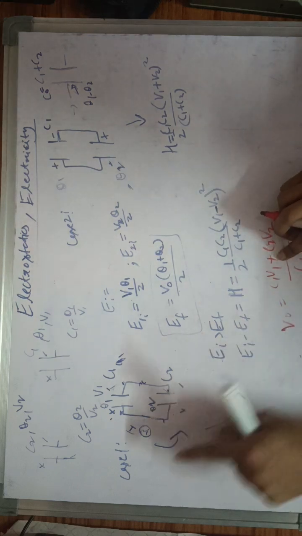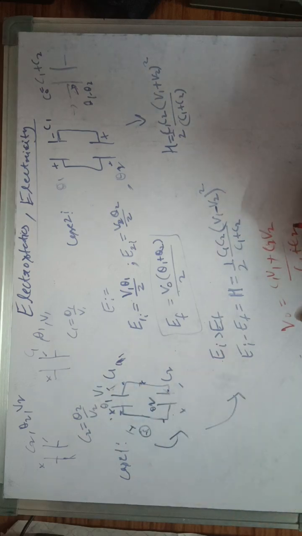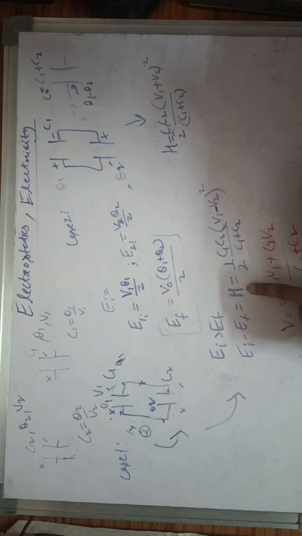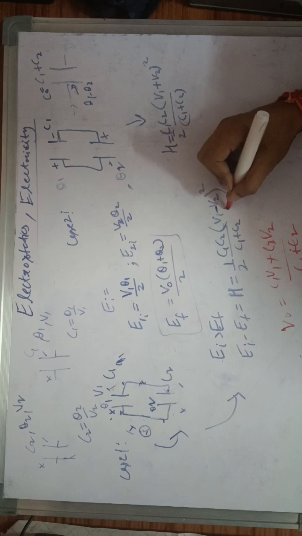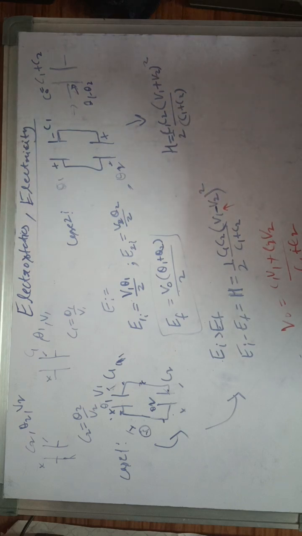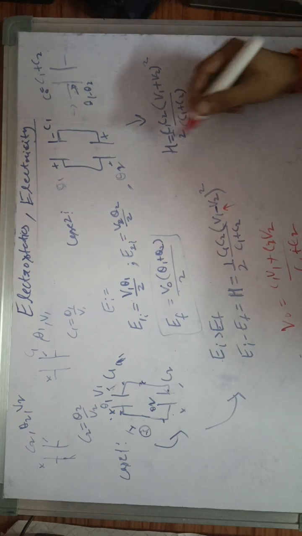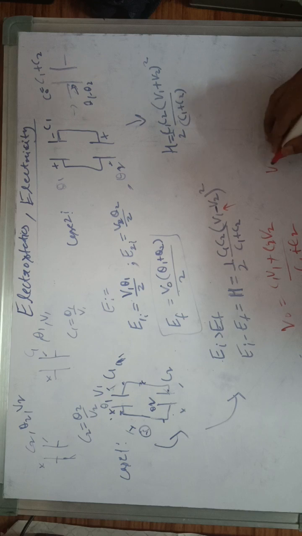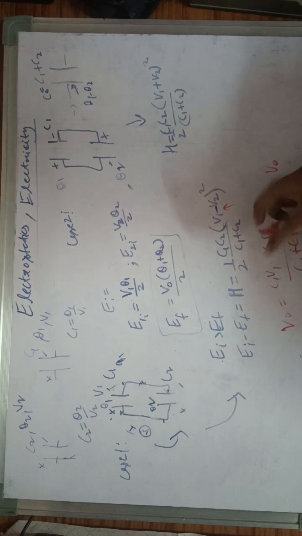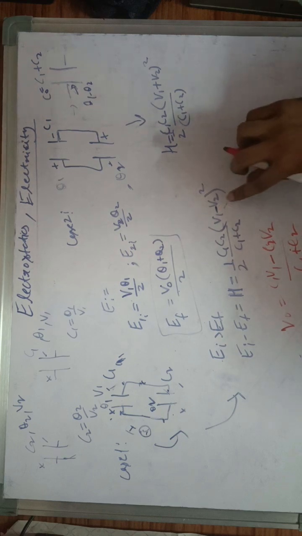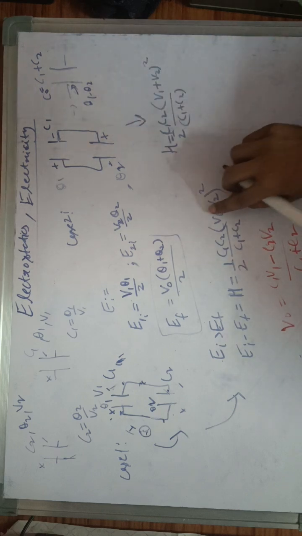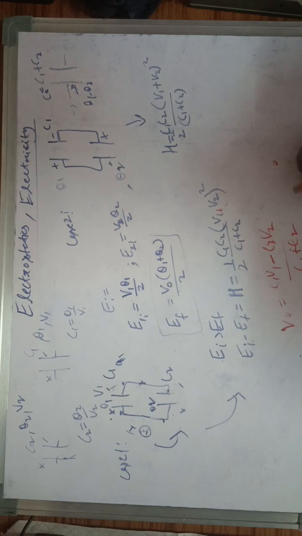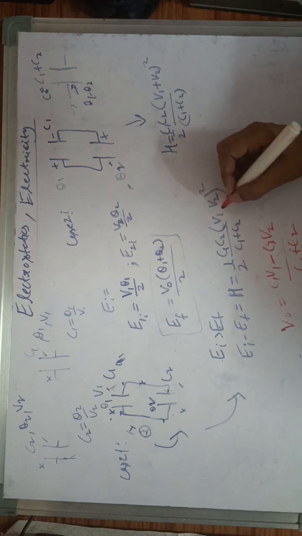There was a positive sign in this case of same sides in case of V0, but in case of heat energy there is a negative sign used here, and in case of V0 the formula had a negative sign here, and in this case this will have a positive sign here. So this is what happens.